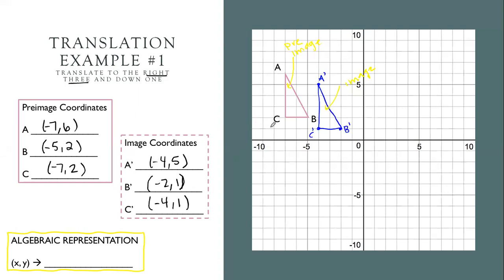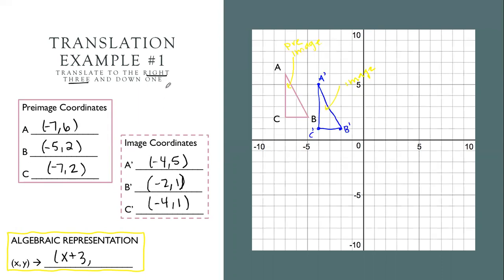So my x values added 3. And that makes sense. If this is a number line, I went to the right 3 on my number line. So I added 3 to my x value. So if I was writing my algebraic representation, it goes from (x, y) to (x plus 3, y). My x value added 3 to get from the pre-image to the image.